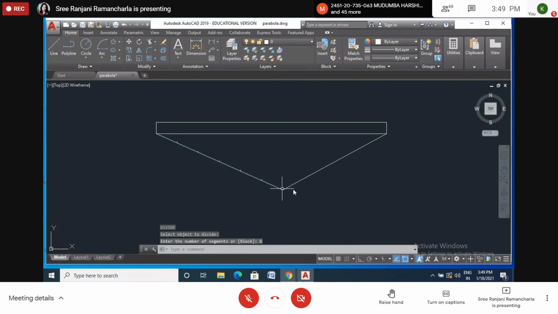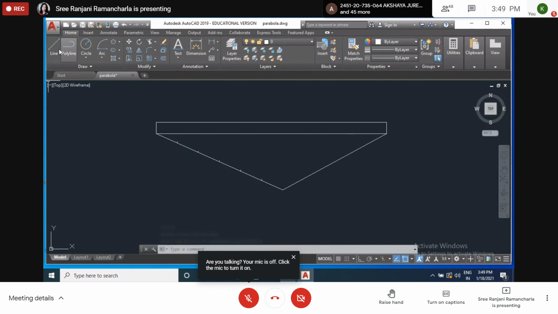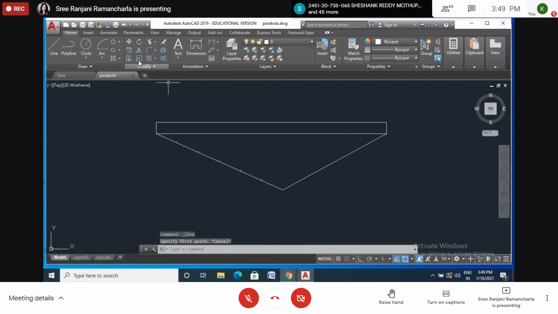Now join the end lines and draw the parallel lines.